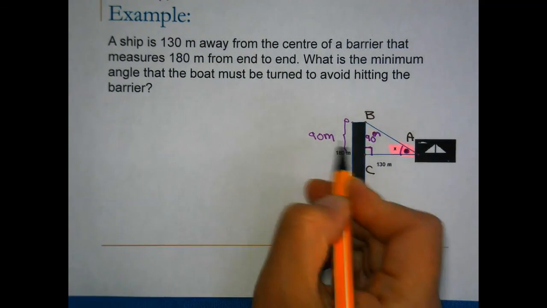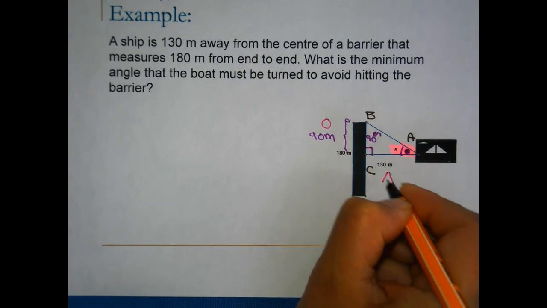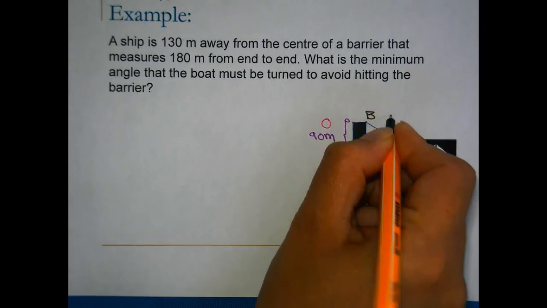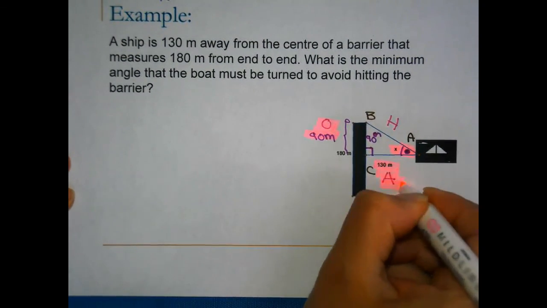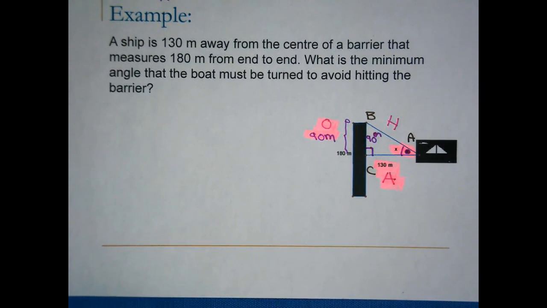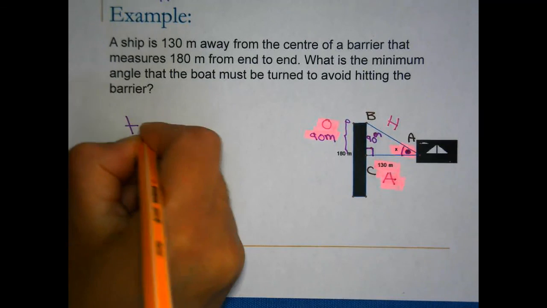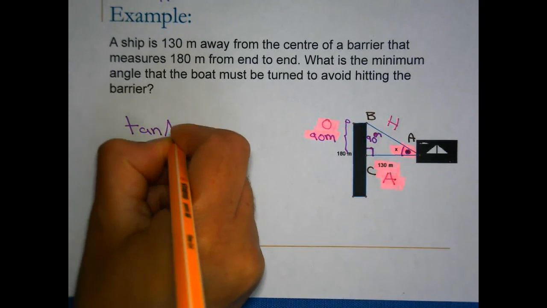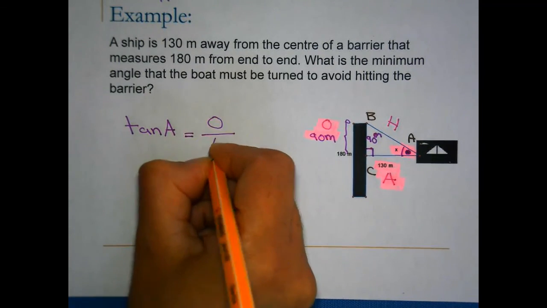So this is the opposite, this is the adjacent, and opposite the right angle is the hypotenuse. Now we have opposite given to us, we have adjacent, and we want to find angle A. So an A means tangent, so I'm going to set up tan A equals opposite over adjacent.